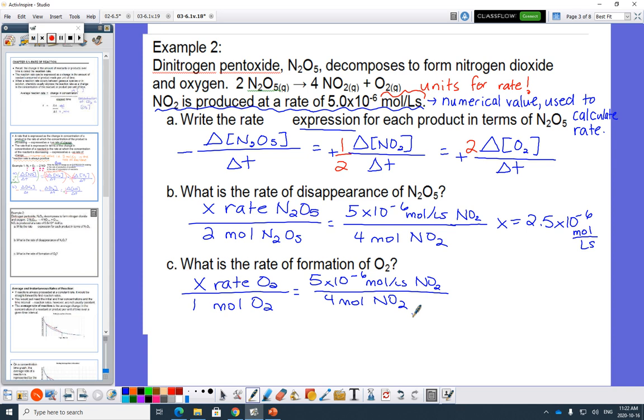Or some people like this way too, because then this side of the ratio is the same in both questions. But again, really nice coefficients. Basically, you're just dividing by 4.